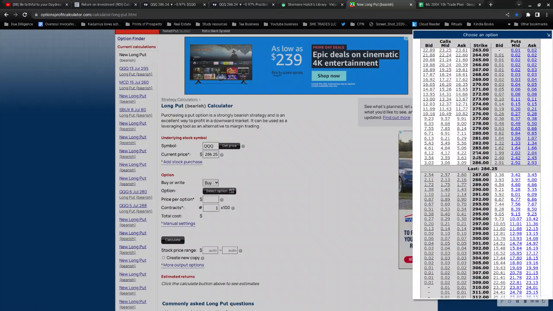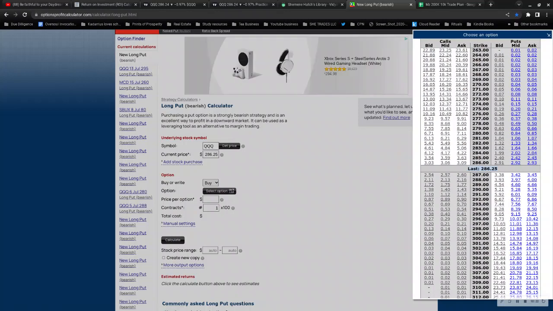So if I had a put bias or if the market opened bearish and I'm looking for a put entry, I'm going to do the same thing. So here is my, if the price is 286.25, I'm going to meet QQQ in the middle, because QQQ average true range, let me get the exact number.